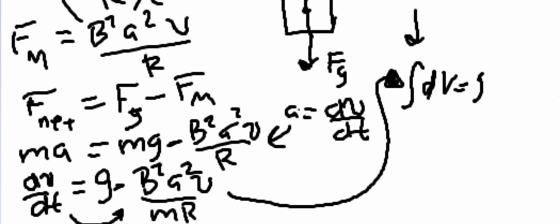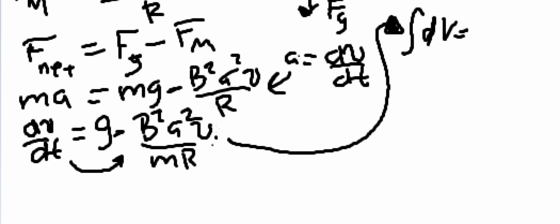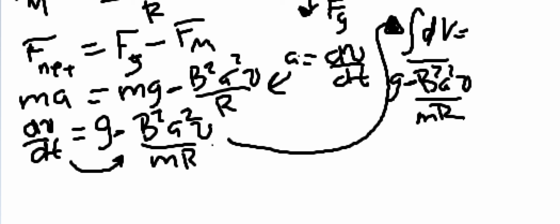I'm going to divide this entire quantity by itself, so we get 1 on that side and just dt. Basically, I'm moving this quantity under dv. In Calc BC, you are probably very familiar with that. So this is what we have here, and now we will have just dt being integrated.